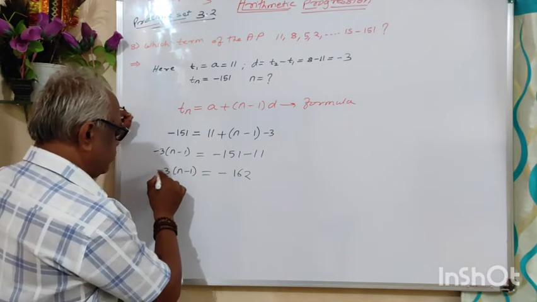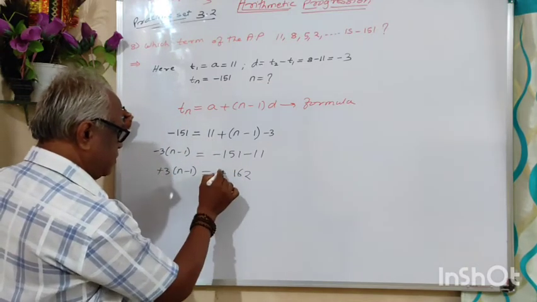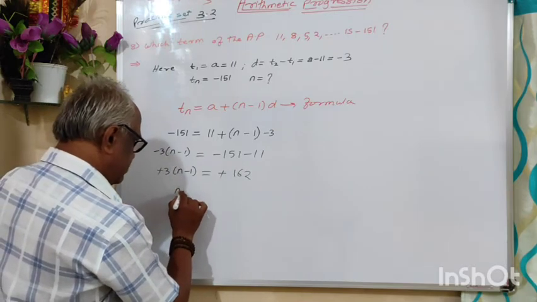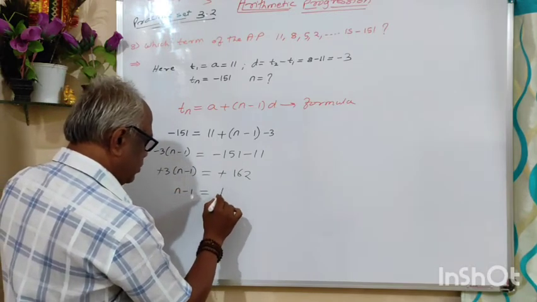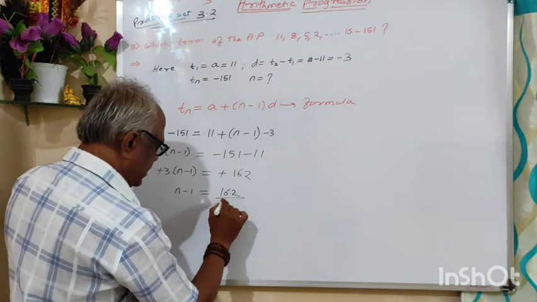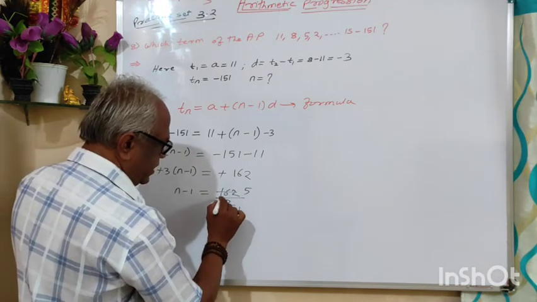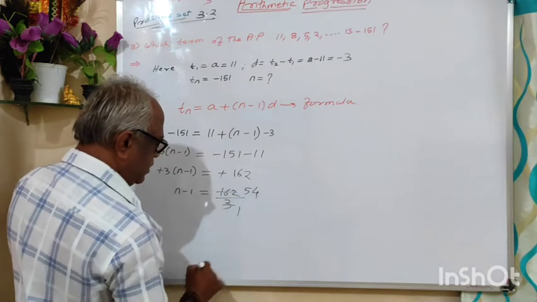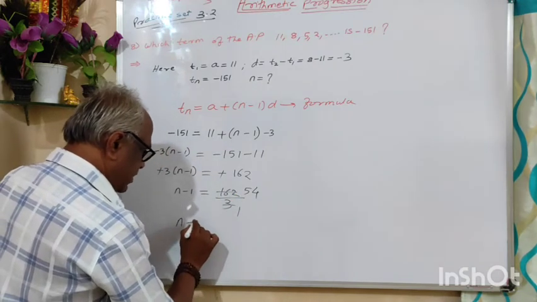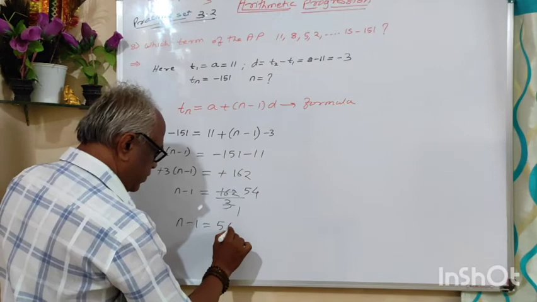Both sides have a minus sign, so it is cancelled. So now n minus 1 is equal to 162 divided by 3. 3 1s are 3, 3 5s are 15, 1 remains, 3 4s are 12. That is n minus 1 is equal to 54.